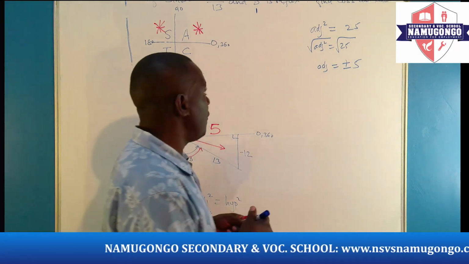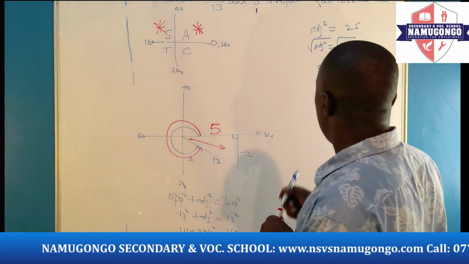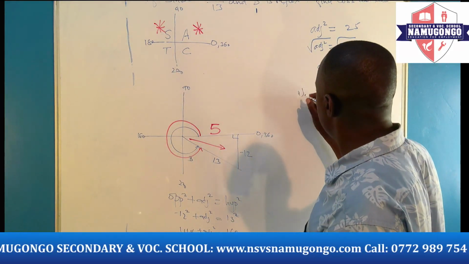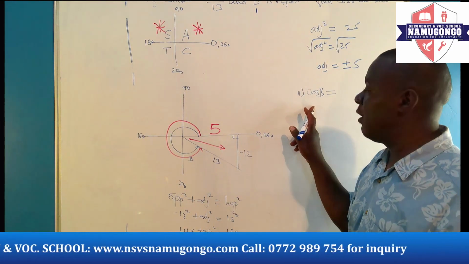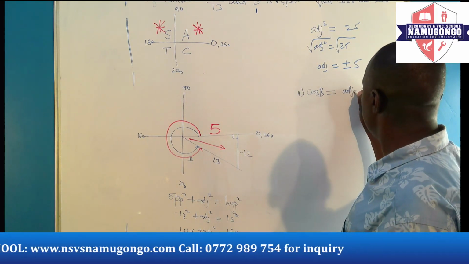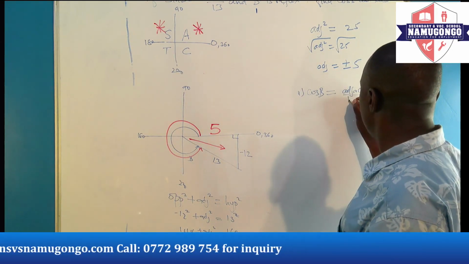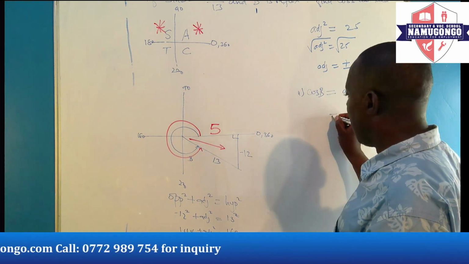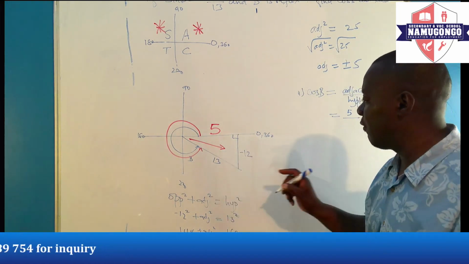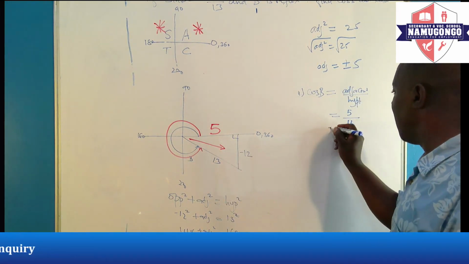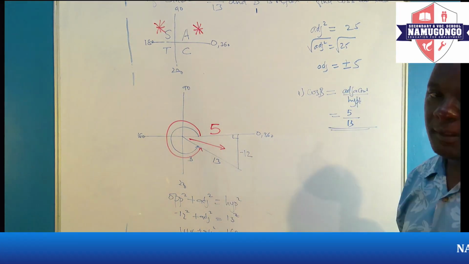Let me get the ratios. The first one was cos B. Again, you use your CAH, which is adjacent out of hypotenuse. Our adjacent is positive 5. Our hypotenuse is 13. And that is the answer.